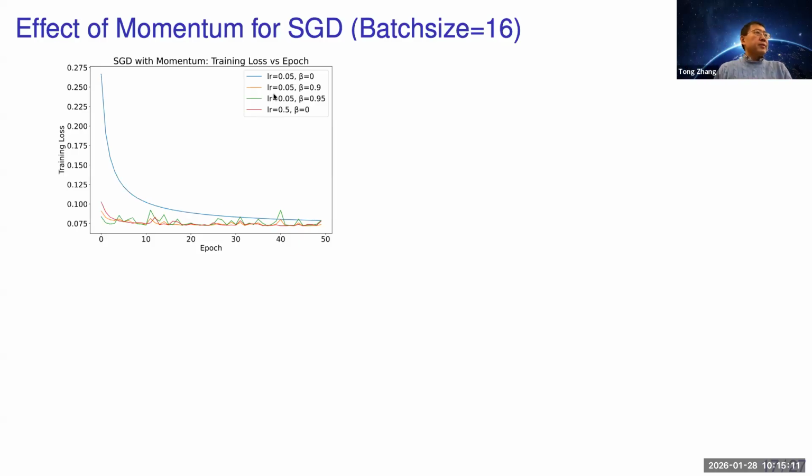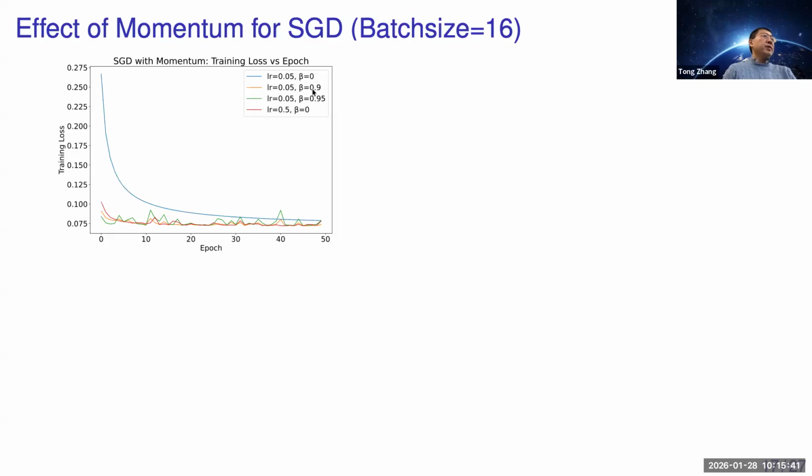But it has oscillation, right? Now let's look at what happens when you increase the beta. Beta is 0.9, which is this one. It's not seen too well, but it behaves similar to this one, where you are showing the learning rate equivalent.